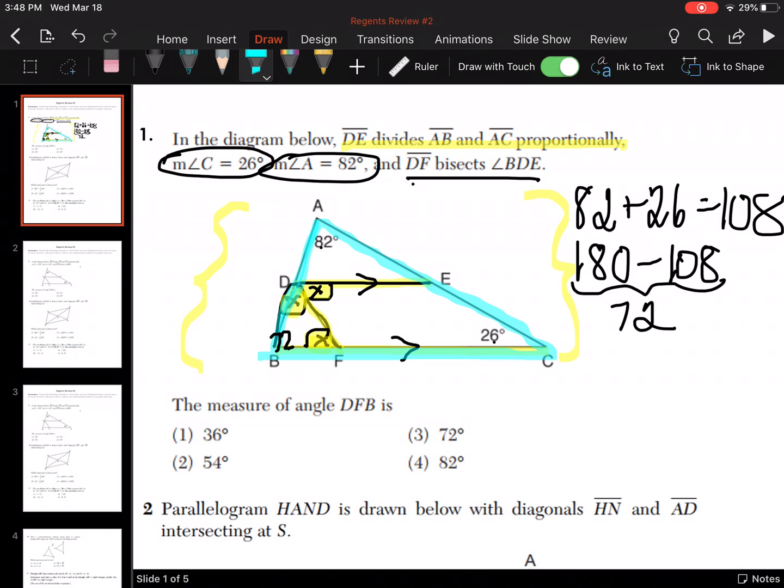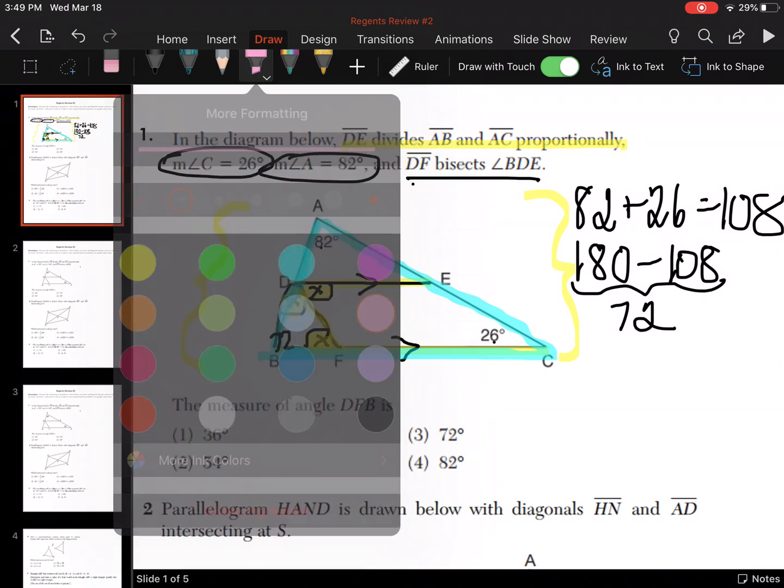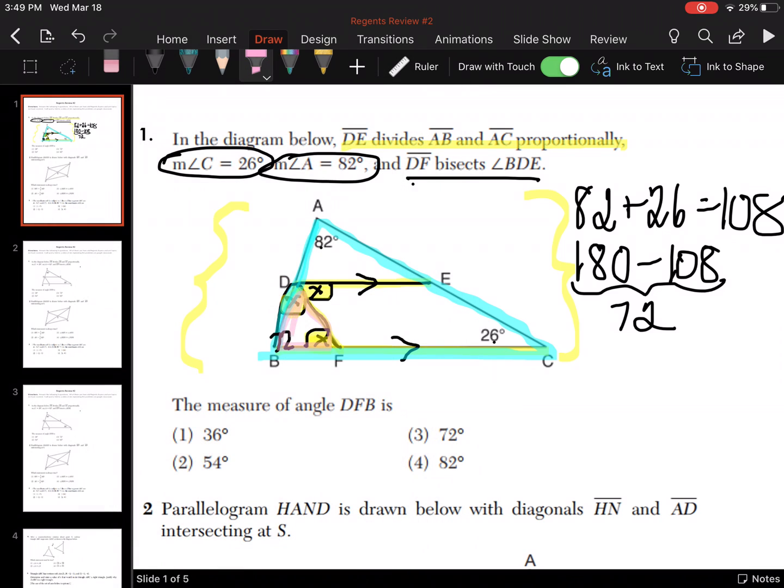Okay, I'm going to color in that bottom left triangle. I guess I'll pick this pink right there. Now I know one of the three angles, but I know that the other two have to be the same. I know again that all the angles add to 180, which means if I do 180 minus that 72 in the pink triangle, that gives me 108.